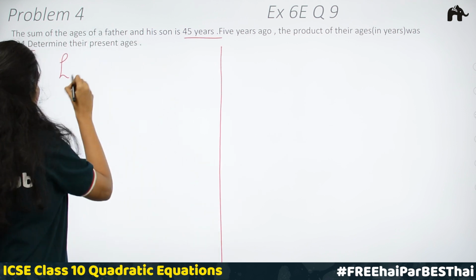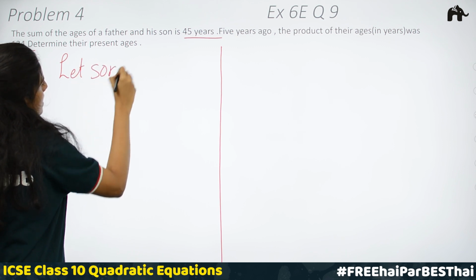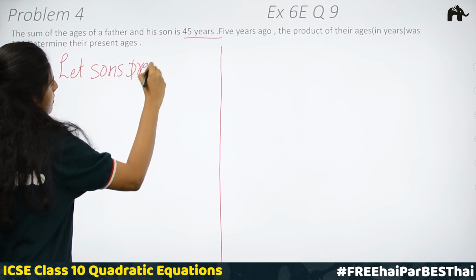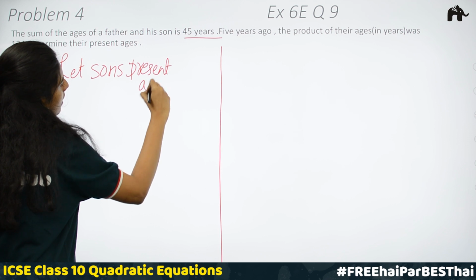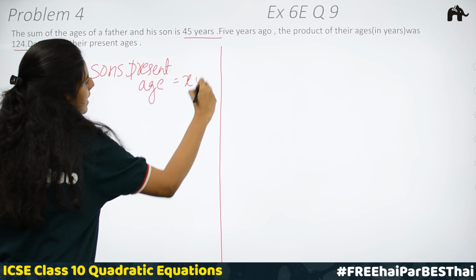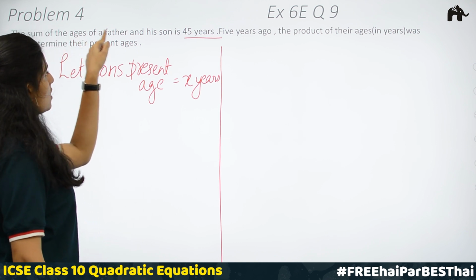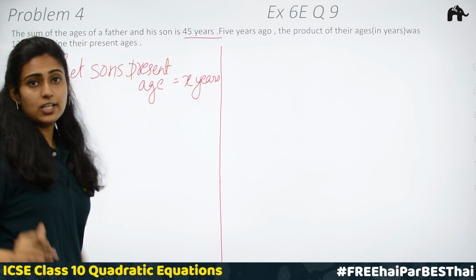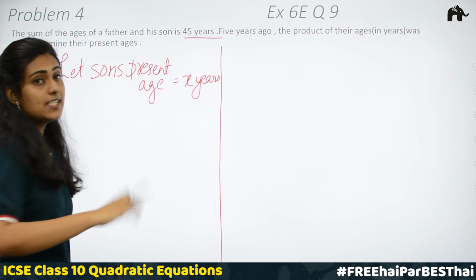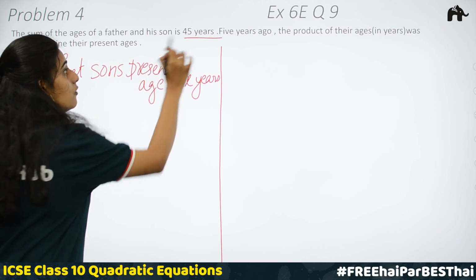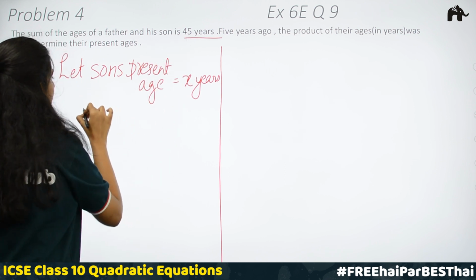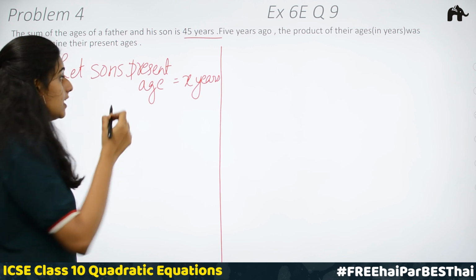Let son's present age is equal to x years. Given the sum of the ages of a father and his son is 45 years. That is, x plus age of father is 45 years. Then what is the age of father?